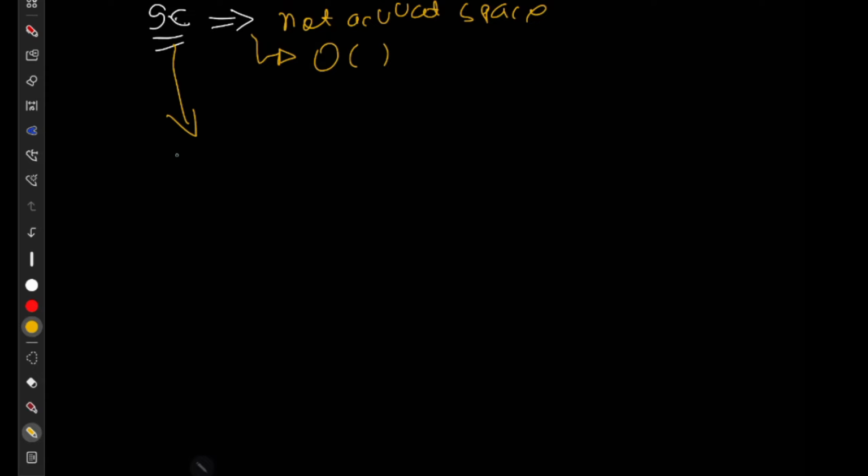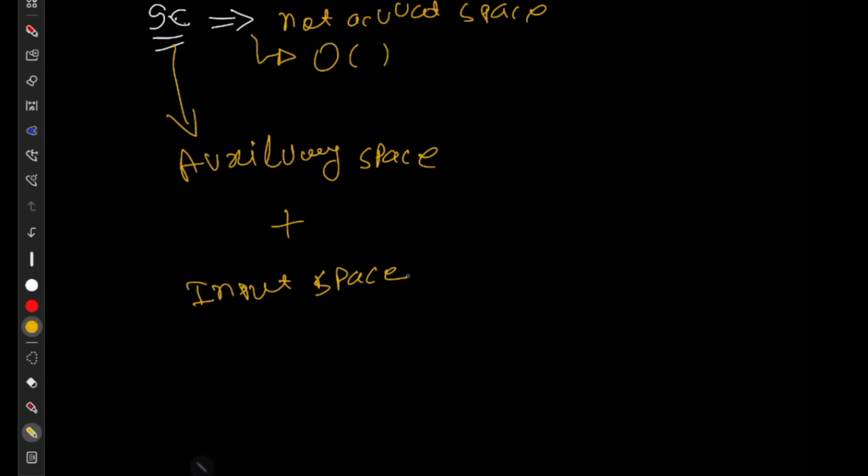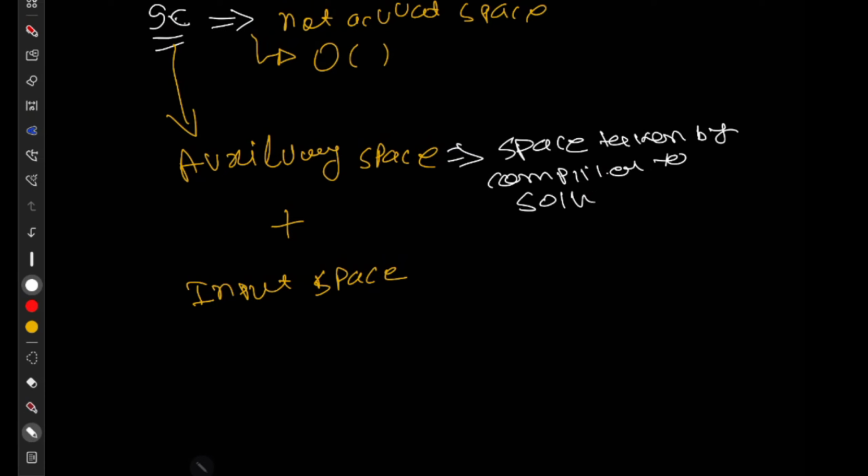Space complexity is nothing but the summation of auxiliary space plus input space. What is auxiliary space? Auxiliary space is the space taken by the compiler to solve the problem.